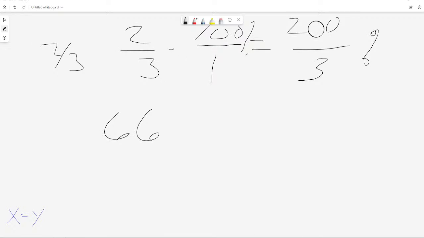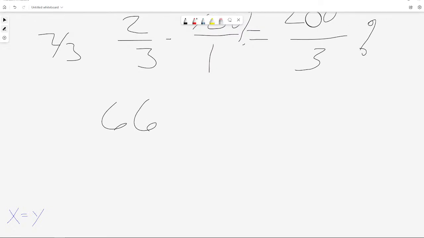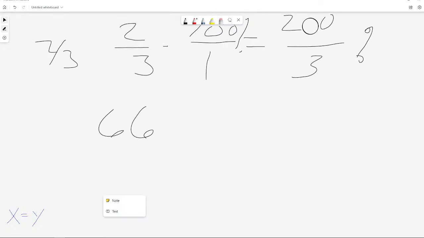Let's do the long division on this after all, because I don't think the answer in the book is right.